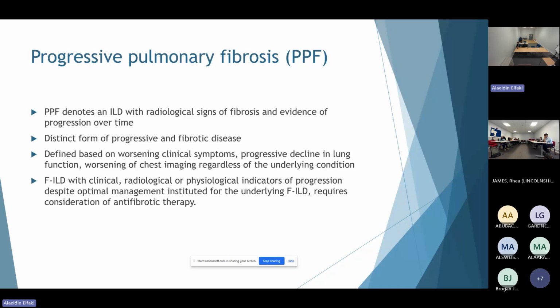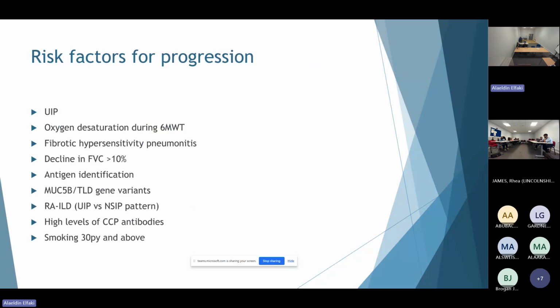Lung transplantation in candidate patients. So the progressive pulmonary fibrosis, I think we spoke about this before. UIP is usually a risk factor for disease progression, as is oxygen desaturation during the 6-minute walk test.